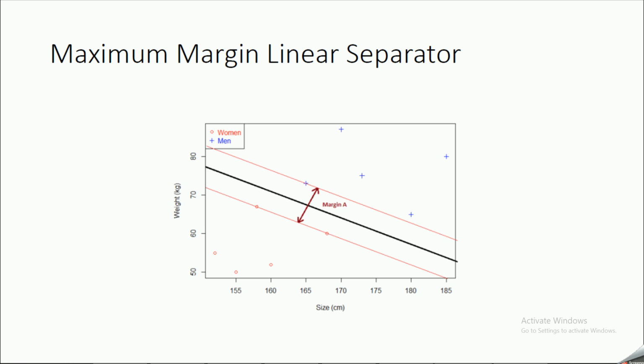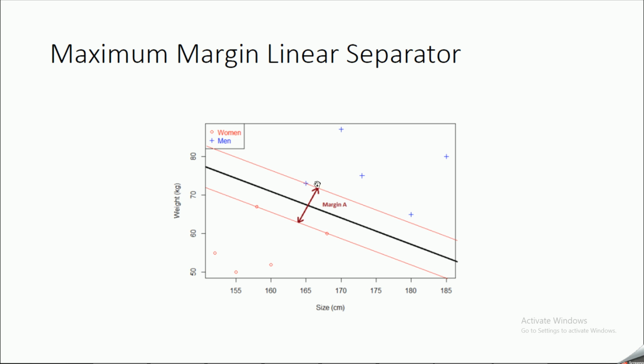Now, as I told you in the previous class, the margin is nothing but the distance on either side of the optimal separating hyperplane. As you can see over here, the bidirectional arrow in red represents the margin.